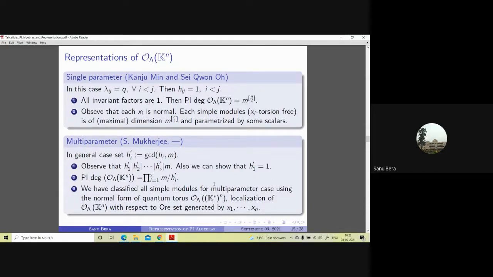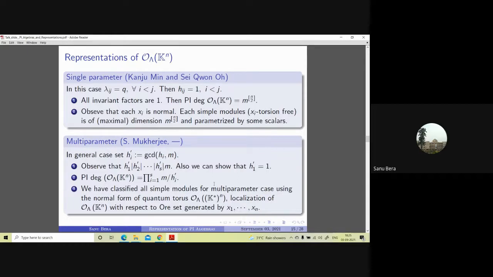Here all the generators xi of the quantum affine space are normal elements. Normal means they q-commute with all other generators, and q-commute means commute up to some scalar. As it is a normal element, in any simple module xi acts either trivially or invertibly.